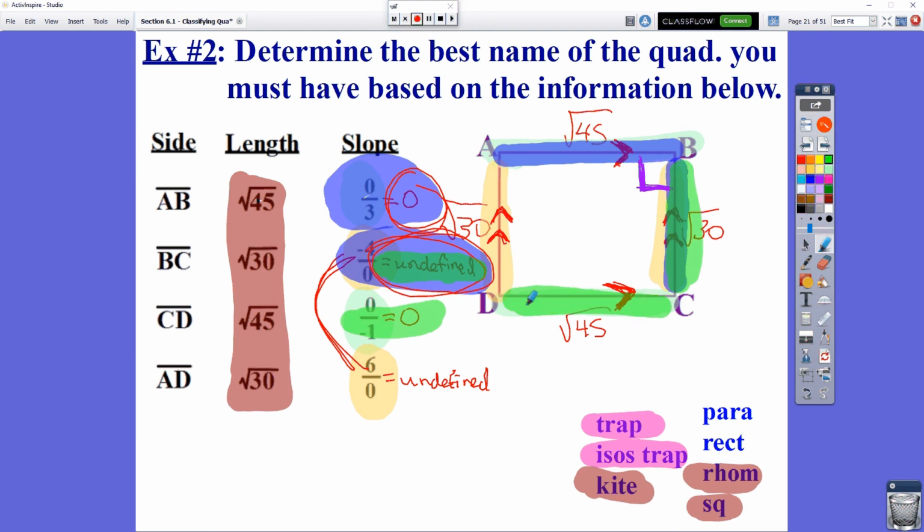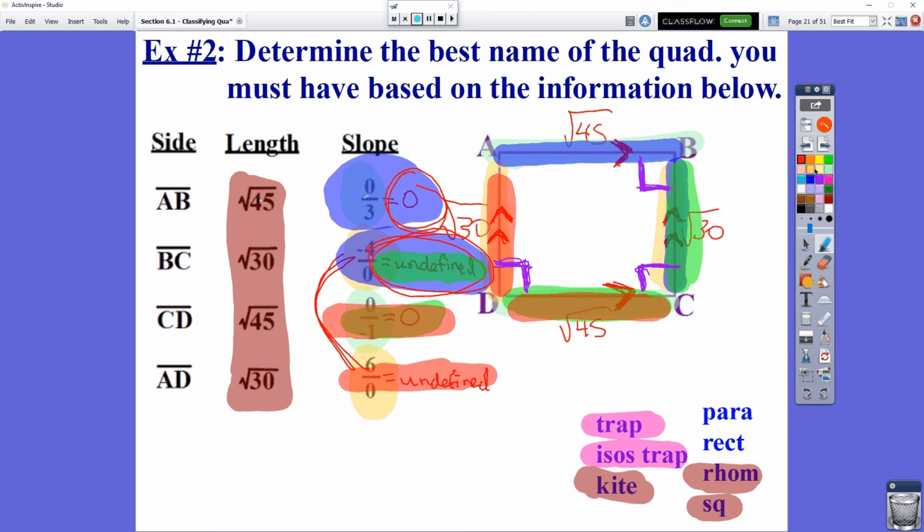BC, CD. And undefined and 0. Yeah, those are naturally perpendicular. So we do get to put another 90-degree angle here. And then what about the next set of adjacent slopes? Well, that would be CD and AD. Well, here's CD, here's AD, 0 and undefined. Once again, naturally perpendicular, 90-degree angle.